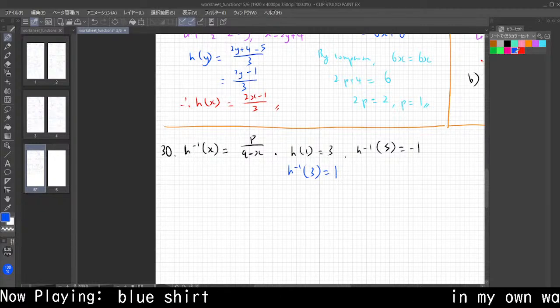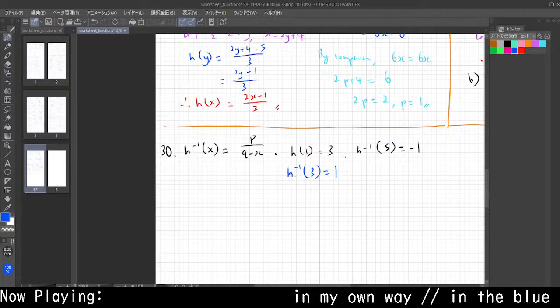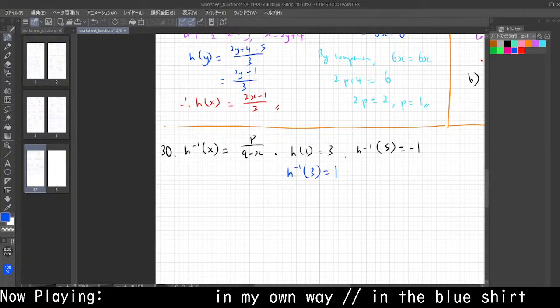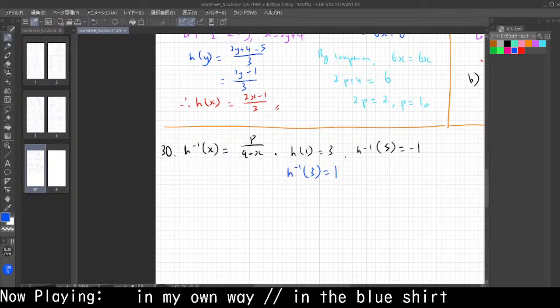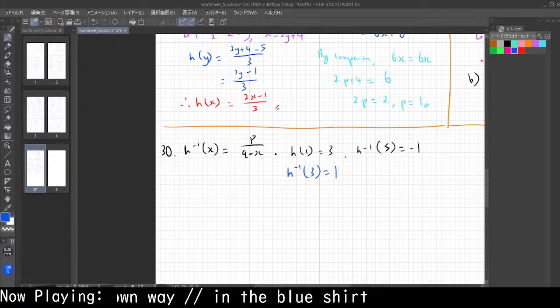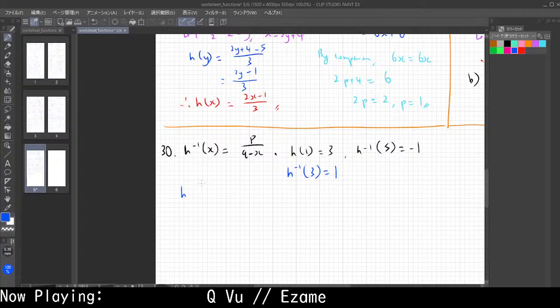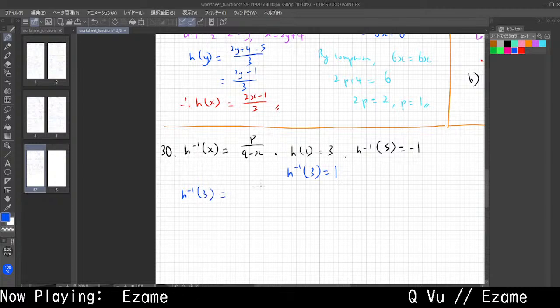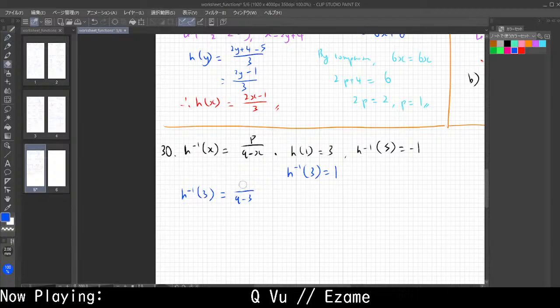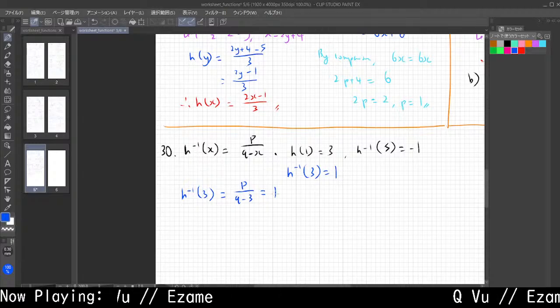h inverse 3 equals 1. So although it gives you h, you can convert it to h inverse. Then substitute the values in. h inverse 3 means your x turns into 3, and then this should be equal to 1.